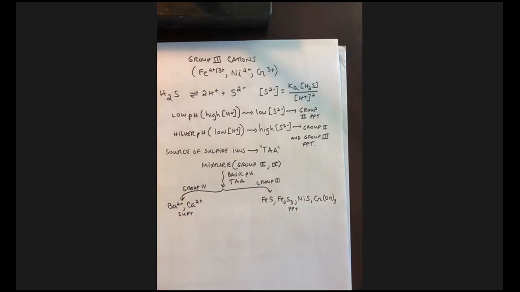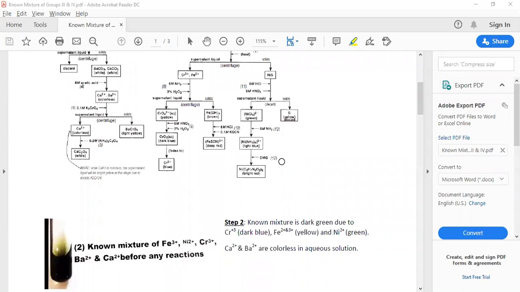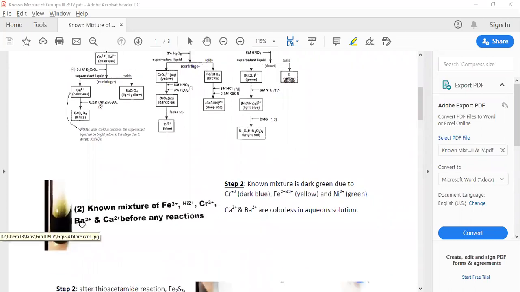All right. If we look at the document that has the mixtures here, you can see that in that first step, when you receive the mixture, it looks very dark, like a dark green color, because your chromium ions form a dark blue color, and then the nickel has a green color.